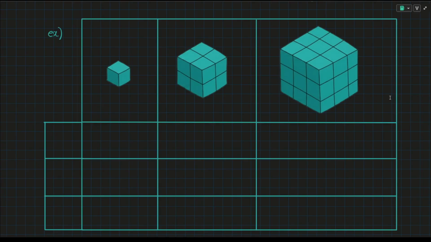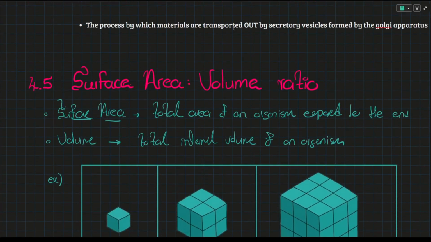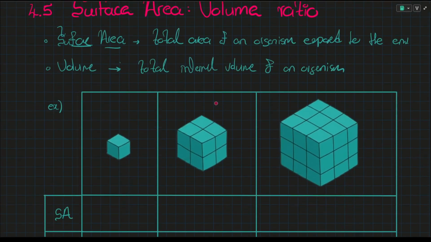I'll tell you what we'll be talking about specifically. First of all, we will find the surface area of each of these blocks. Then we'll find the volume, and then finally we'll be able to denote the surface area to volume ratio of the mentioned blocks. Right. Now I'll show you what I mean.